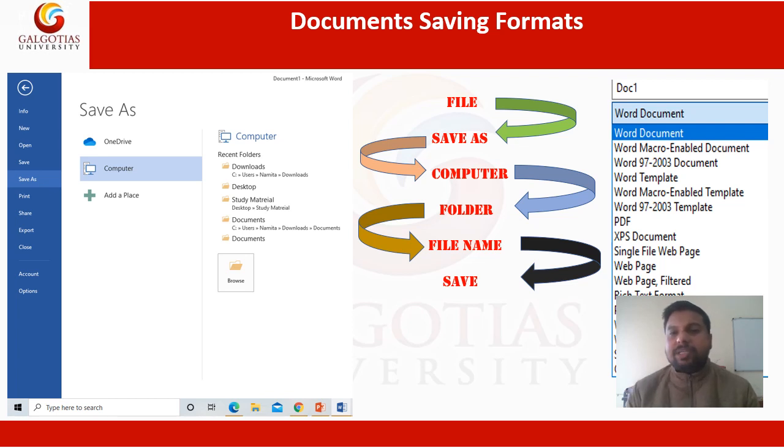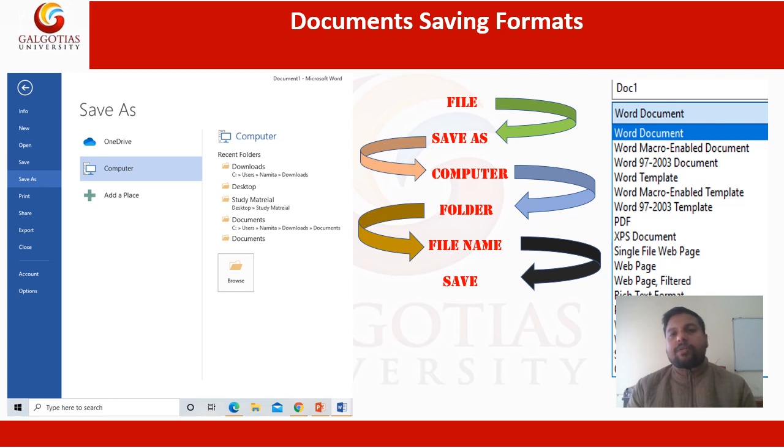As I mentioned, in this there is Word Document, Word 97 to 2003, PDF, XPS, web page. There are lots of formats. Actually, before MS Office 2010, we were working on the document format called doc.